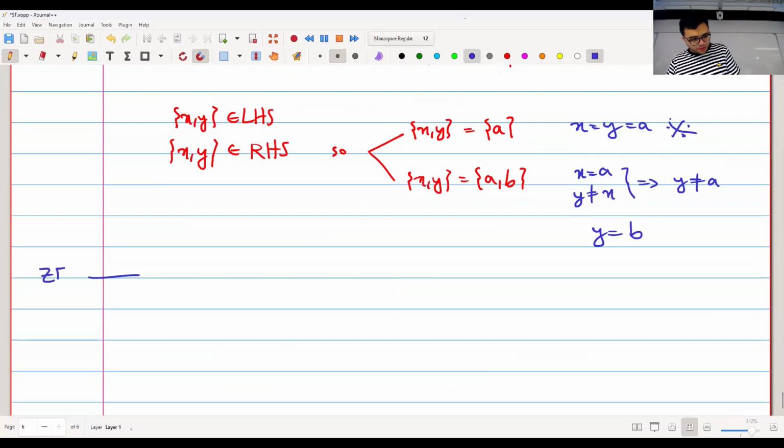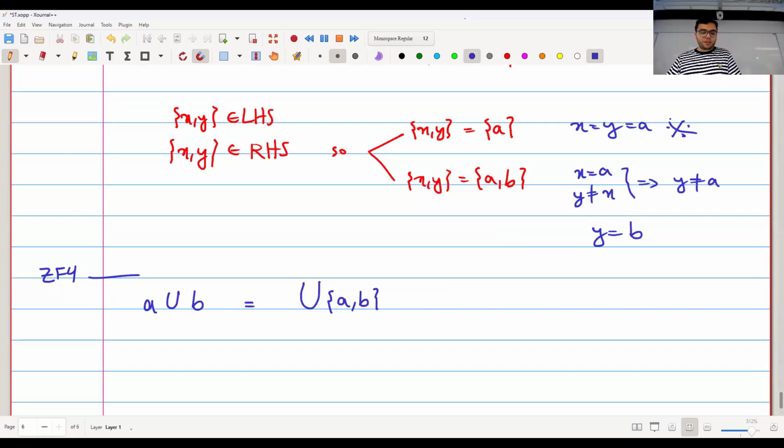This is after ZF4. So let's say I want the union of two sets, A and B. So A union B, the way that we normally use it. How can I write that? I can use the previous axiom to create the set containing A and B. And then I can use this axiom to do the union of that set.